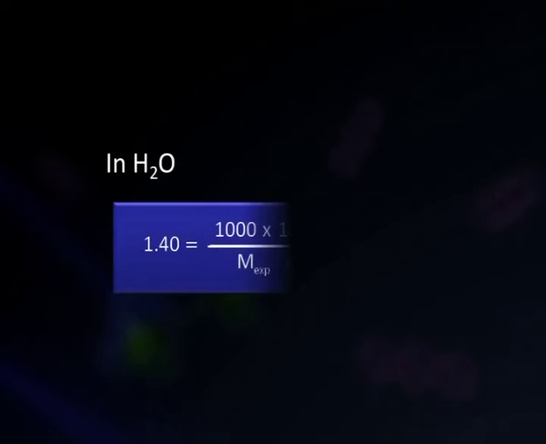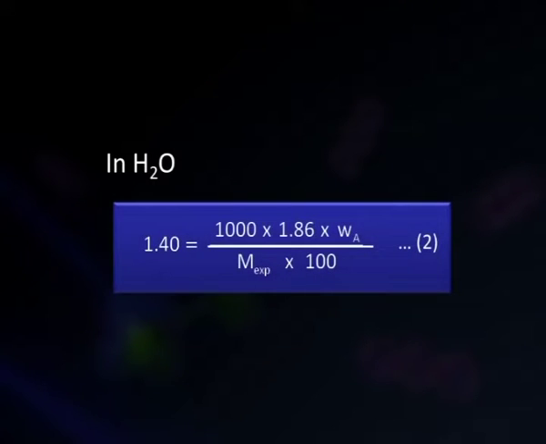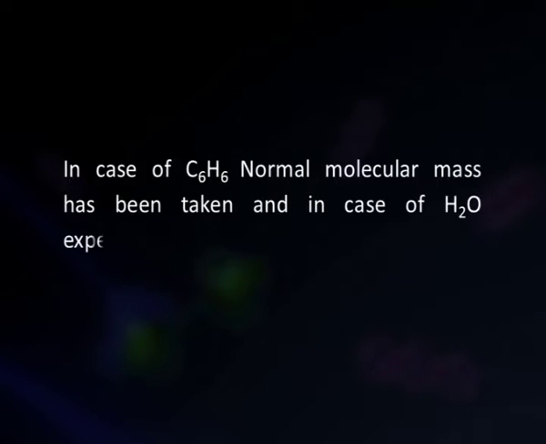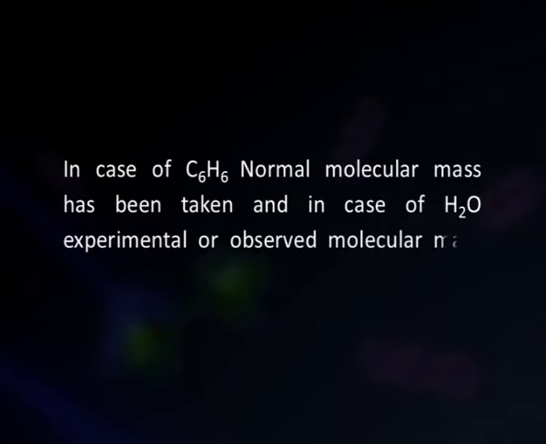But in water it is completely dissociated, hence 1.40 will be equal to 1000 into 1.86 into Wa upon experimental molecular mass multiplied by 100. This is equation number 2. As solute behaves normally in benzene and it dissociates completely in water, hence in case of benzene normal molecular mass has been taken, and in case of water experimental or observed molecular mass has been taken.